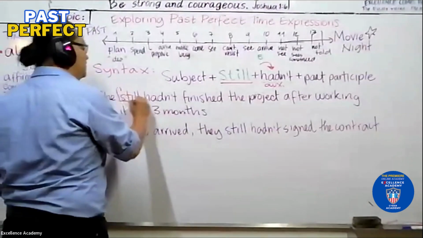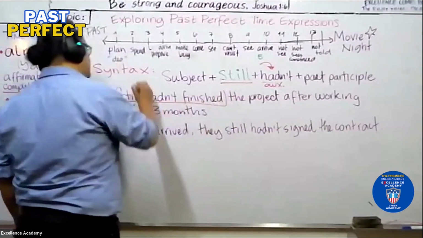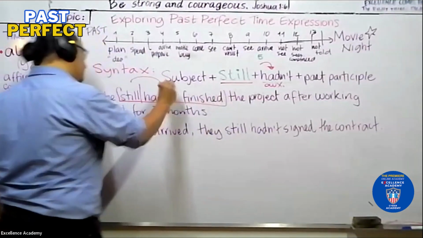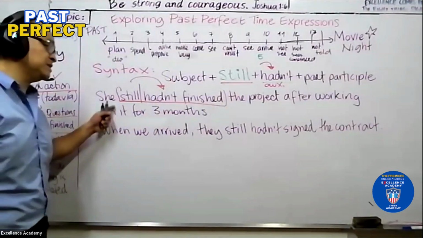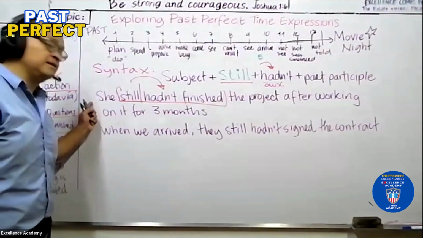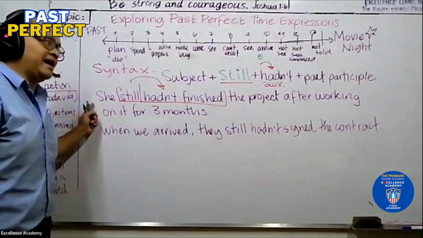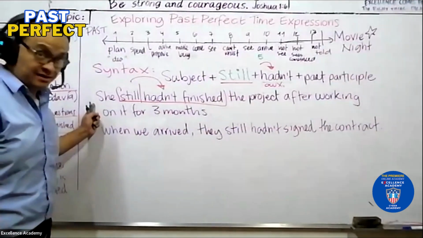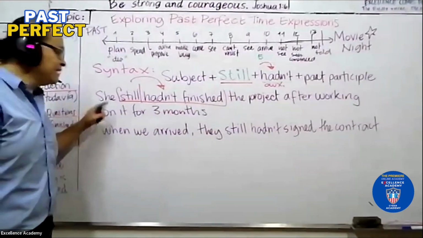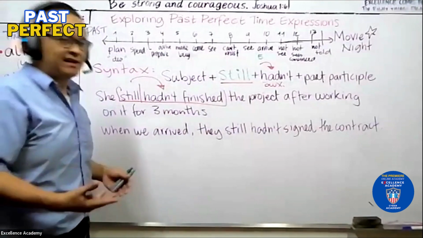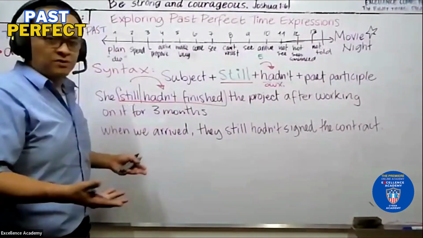So we are emphasizing the fact that she hadn't finished. I mean, it was expected to be completed 2 months ago, but she still hadn't finished after working 3 months on it, you know? So we're surprised, we're being emphatic about it. And it's kind of like a negative feeling too, because, you know, what's wrong with her, you know?